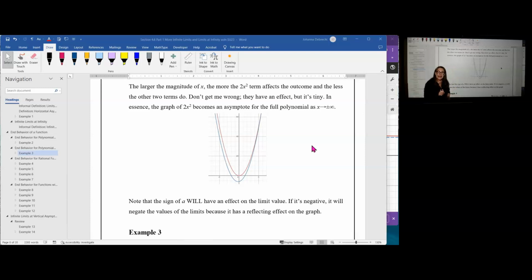It'll never be exactly on that graph because the plus x and minus 6 terms do have a small effect, but it gets closer and closer to that graph. The same would happen on the left if I had zoomed out far enough.